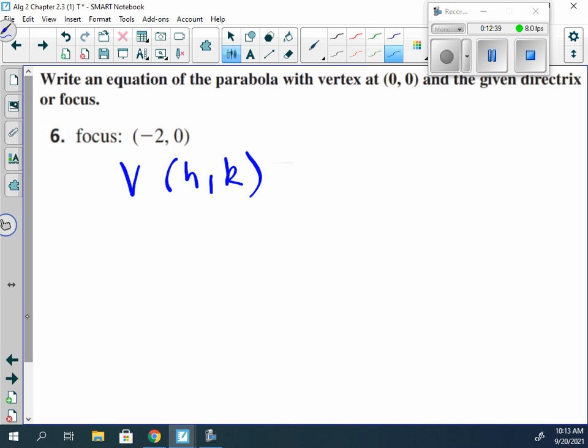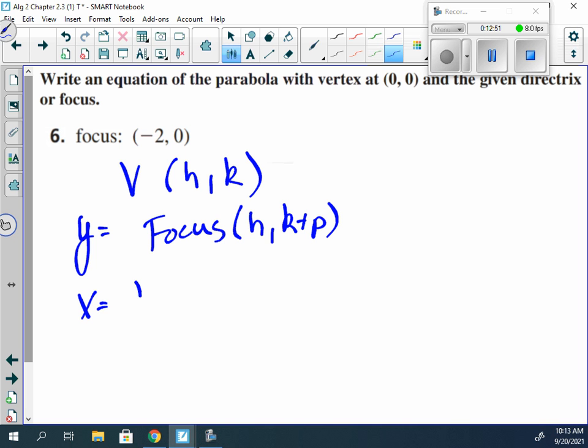Now, the one that is y equals has a focus of h comma k plus p, yes? And when we have x equals, the focus is h plus p comma k, yes?